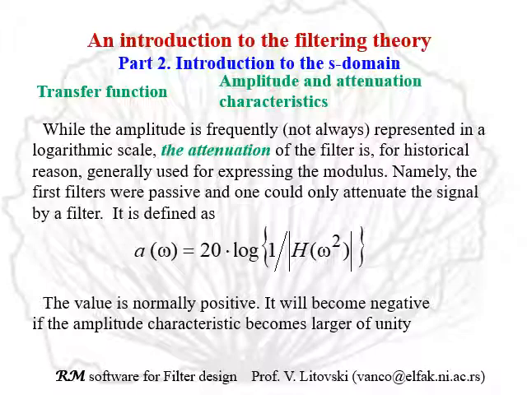It is defined as 20 logarithms of the reciprocal of the amplitude characteristic. The value is normally positive, and it will become negative if the amplitude characteristic becomes larger than unity.